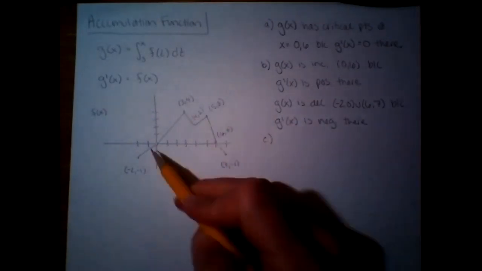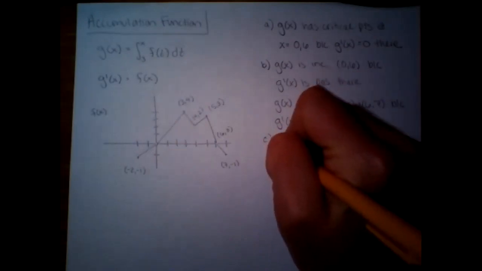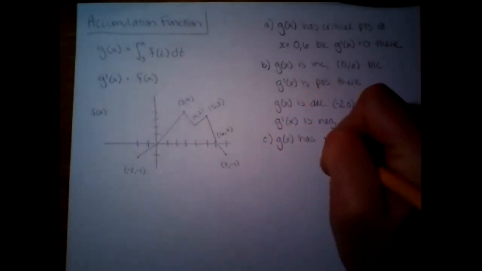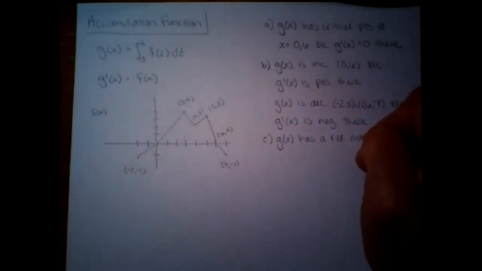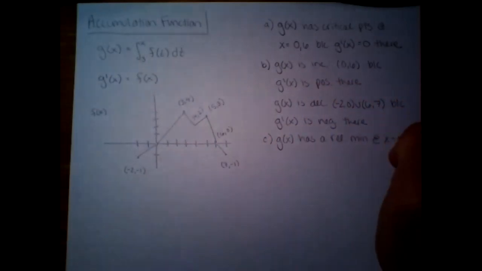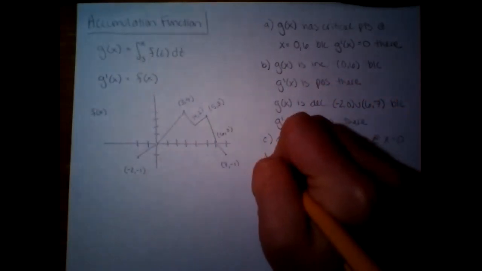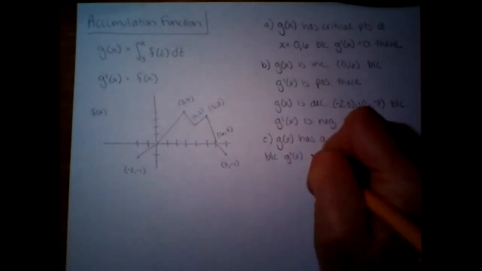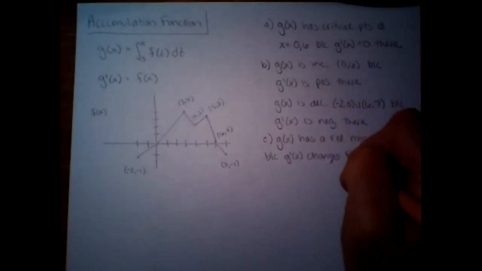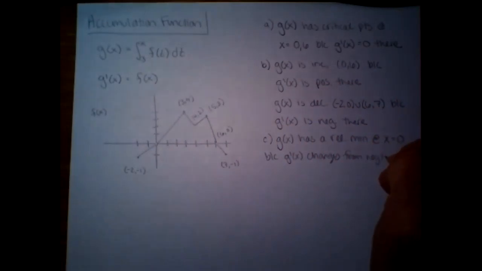Minimum, good, nice job guys. Negative to positive means minimum. So G of X has a relative minimum at X equals 0 because G prime changes from negative to positive.